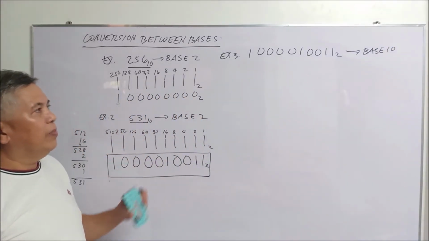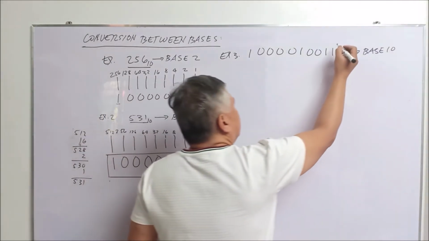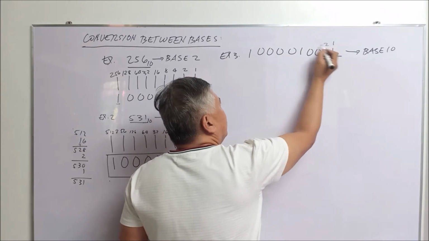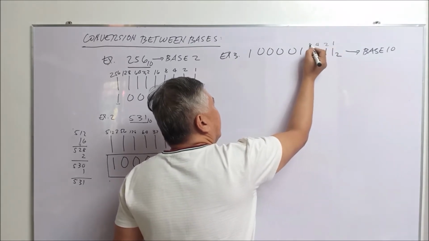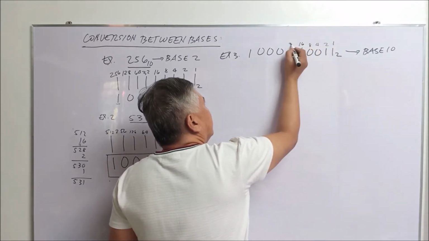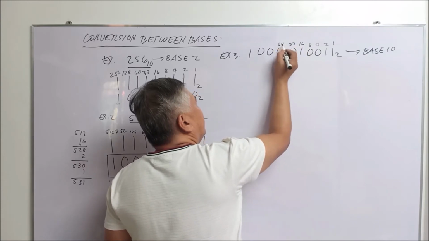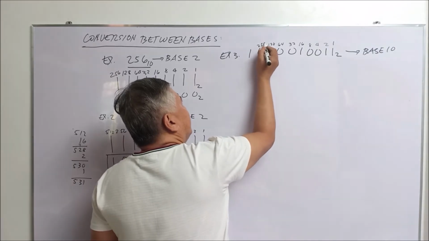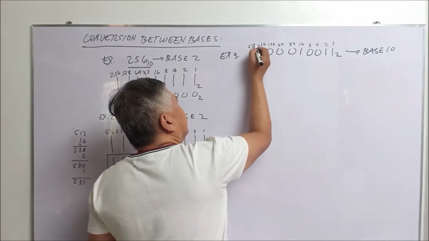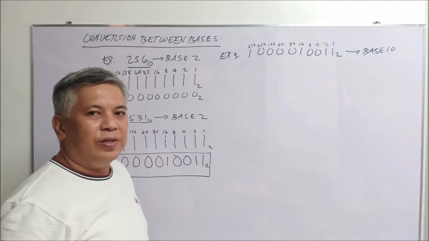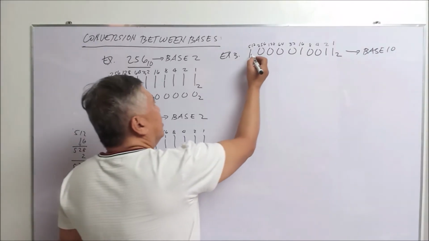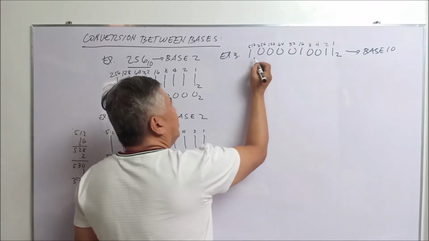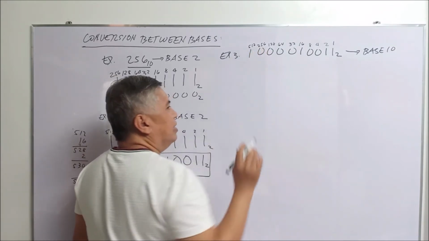Okay? So all we have to do again is you represent this with 1 in decimal number times 2, you have 2, you have 4, 8, 16, 32, 64, 128, 256, 512. Okay? Then, you add a binary number with the decimal equivalent.